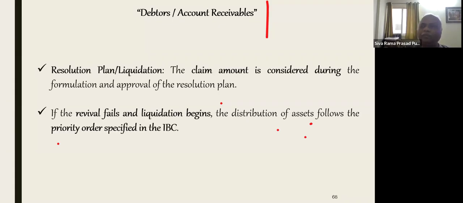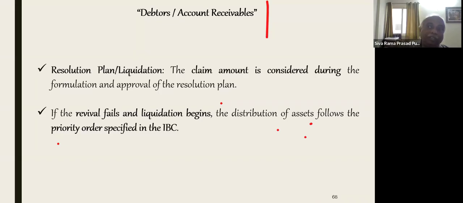Resolution plan and liquidation. The claim amount is considered during the formation and approval of the resolution plan. If the resolution fails, the liquidator begins distribution following the priority as specified. If with recourse, as a financial creditor, as per the waterfall mechanism.